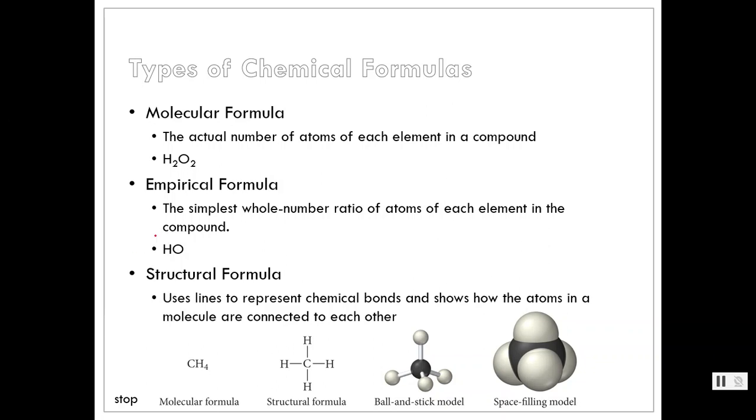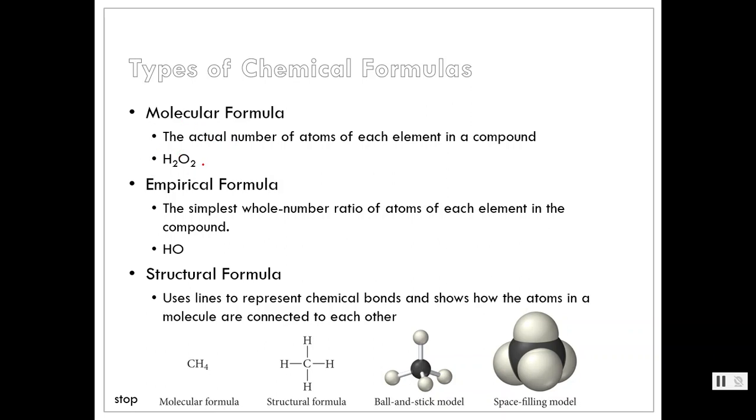So for example, hydrogen peroxide, H2O2, means that in a molecule of hydrogen peroxide there are 2 hydrogen atoms and 2 oxygen atoms. So molecular formula, actual number of atoms in a compound.